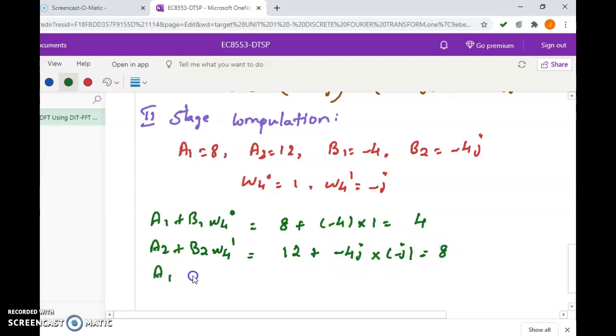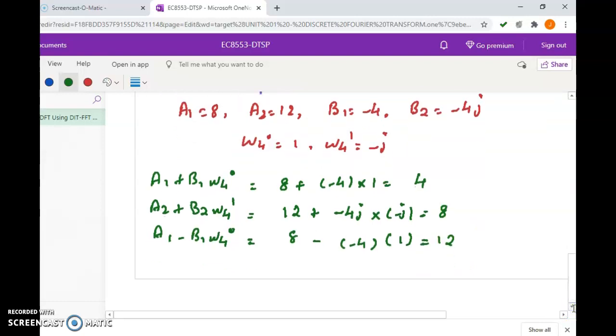Then A1 minus B1 W40 equal to, here A1 is 8 minus B1 is minus 4 into 1. So minus into minus plus, so 8 plus 4 equal to 12. Then last one, A2 minus B2 W41.